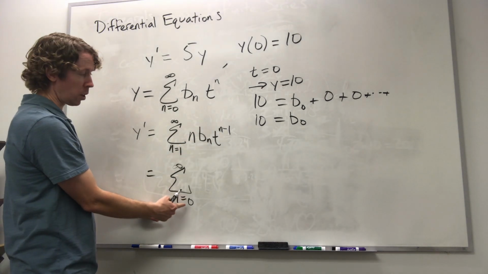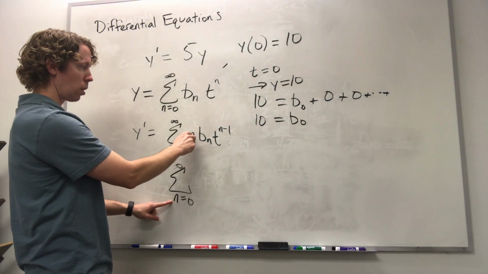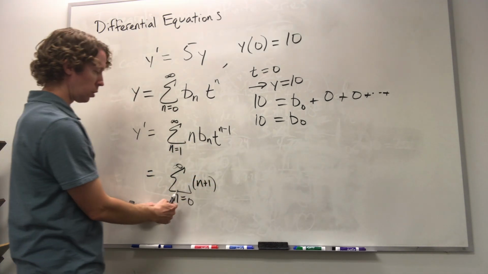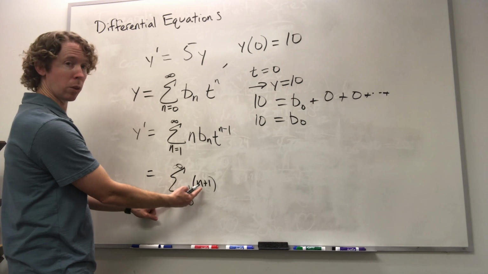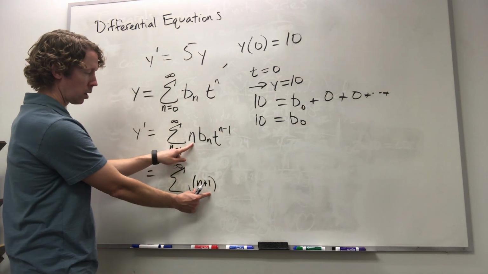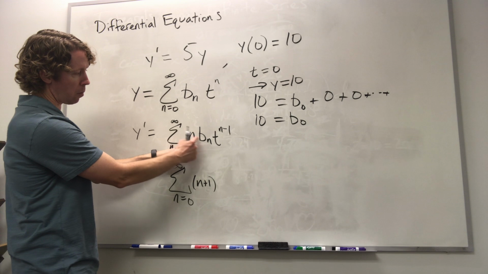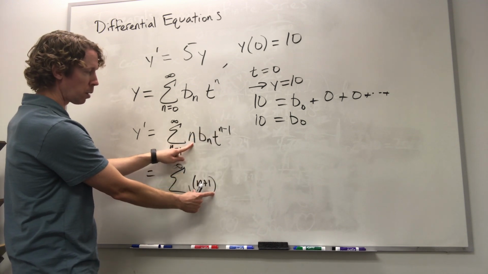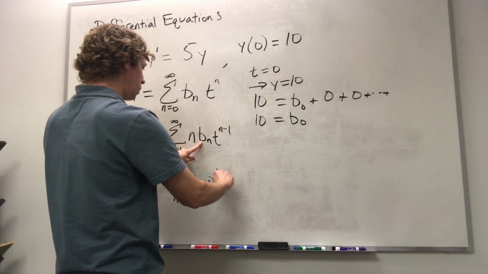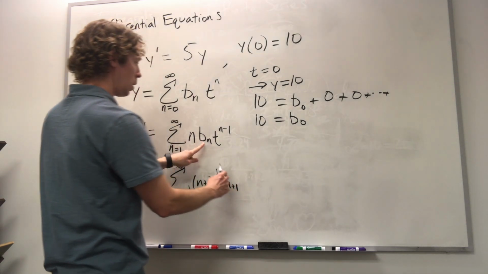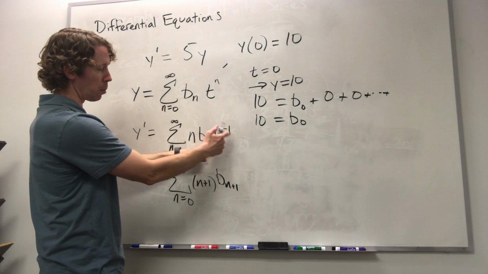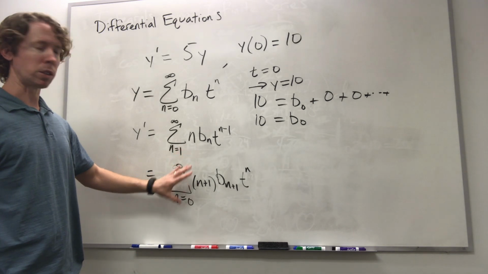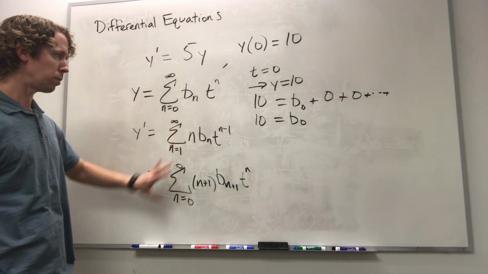So if n starts at 0, then instead of an n it should be n plus 1, so that the first term will be 1 like it was here. This means that for all of my n's, I'm going to replace them with n plus 1. So it'll be n plus 1 times b(n+1) times t to the n plus 1 minus 1, or t to the n. And if you go through this term by term, you'll see that these two are the same series.